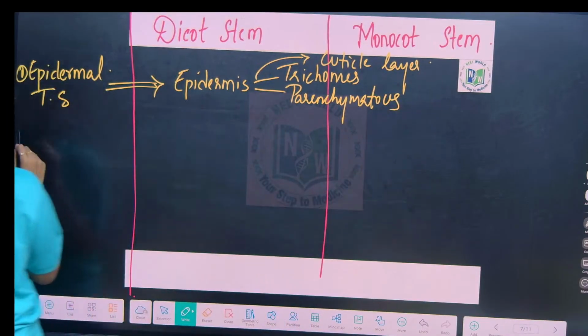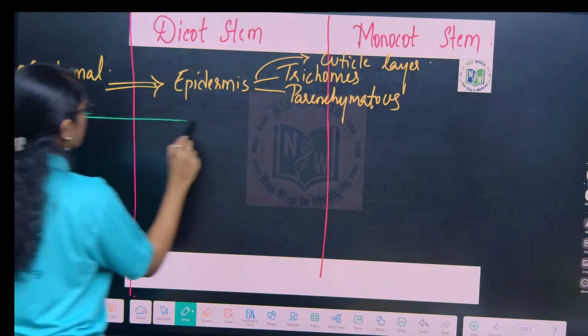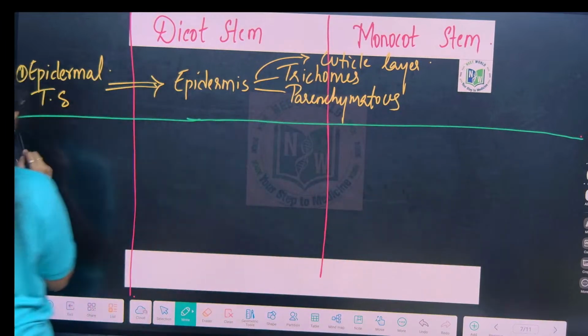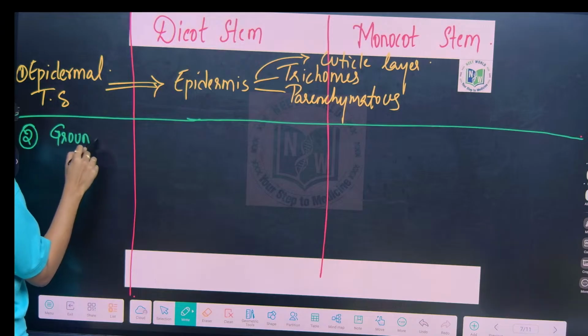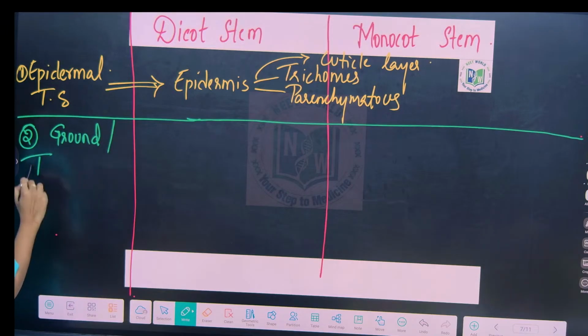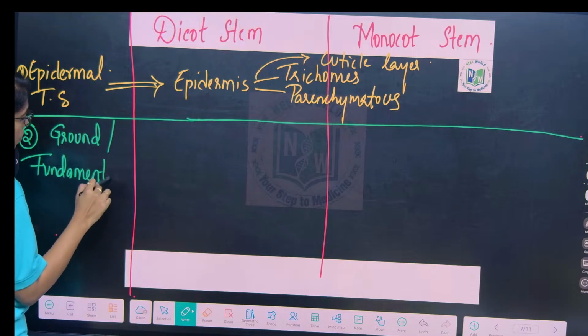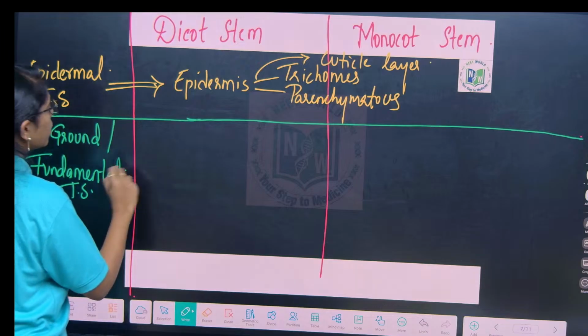When it comes to fundamental tissue system or ground tissue system, here you have what?